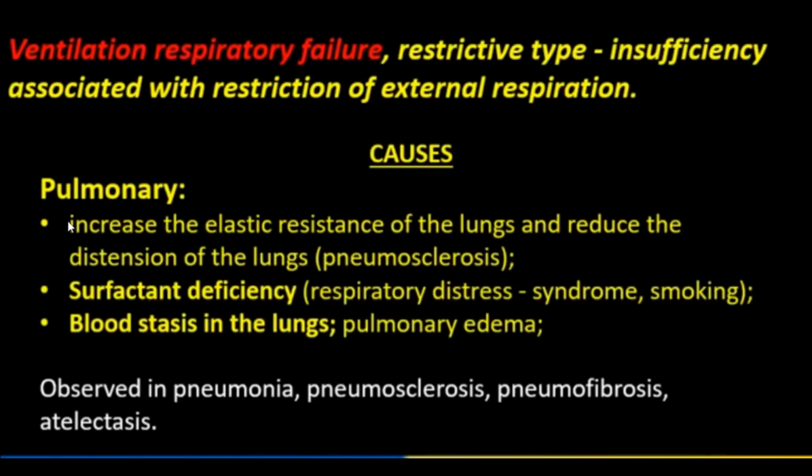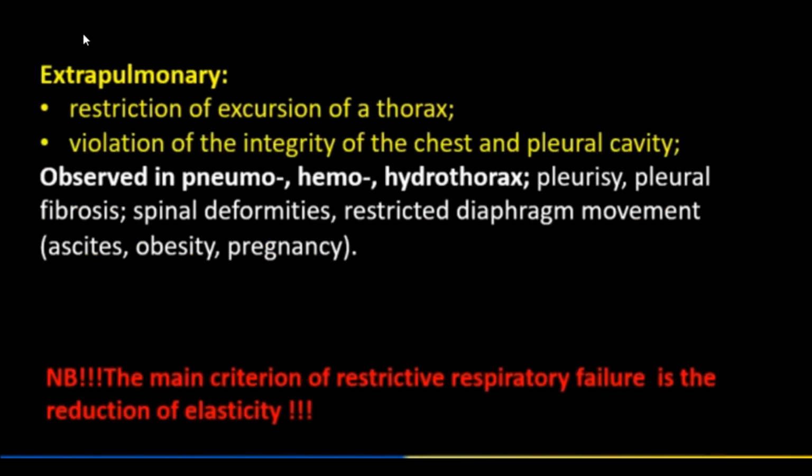Some causes of ventilation respiratory failure are extrapulmonary: restriction of excursion of the thorax and violation of the integrity of the chest and pleural cavity. It is observed in hydrothorax, pleurisy, pleural fibrosis, spinal deformities, and restricted diaphragmatic movements.